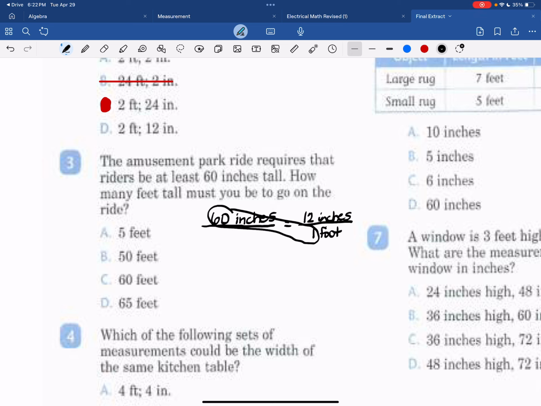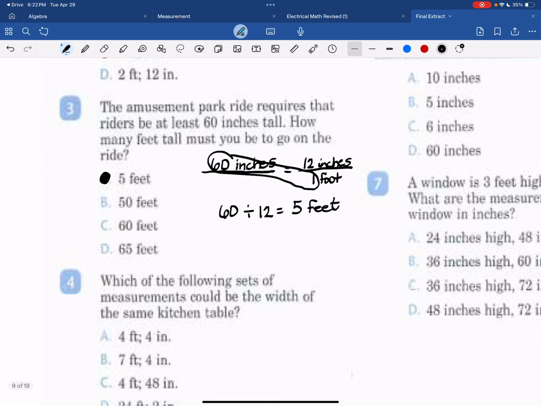If not, you can set up a proportion, and that will tell you to divide by 12. And that would be 5 feet. So 5 feet are equivalent to 60 inches.